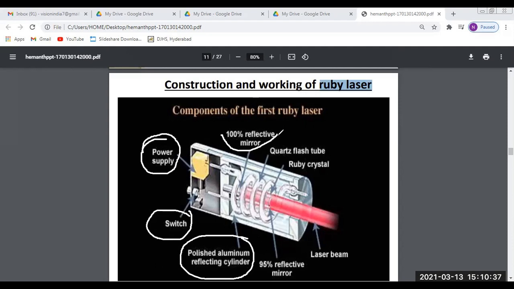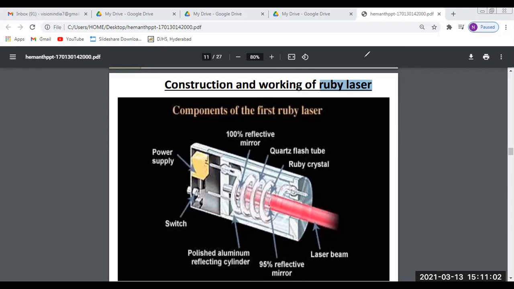On the other side, there is a partially reflective 95% mirror, through which the laser beam will be emitted. You can just see the color of that cylindrical rod, right? It actually consists of aluminum oxide, right? Now we just discussed the video, and we say that this is actually the ruby crystal, right?